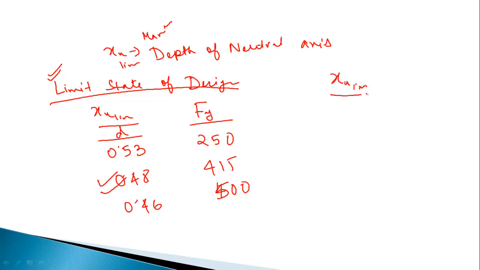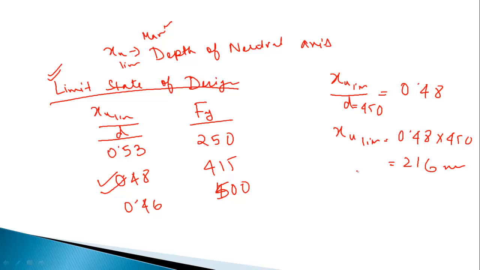So Xu limit by d is 0.48. d we know is 450. So Xu limit will be 0.48 into 450, which is around 216 mm.